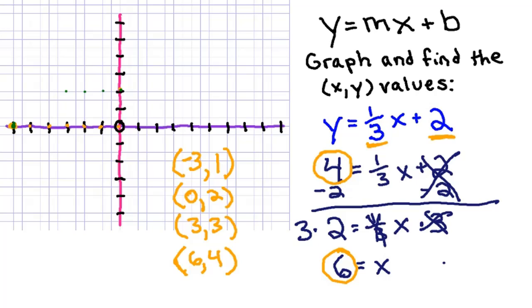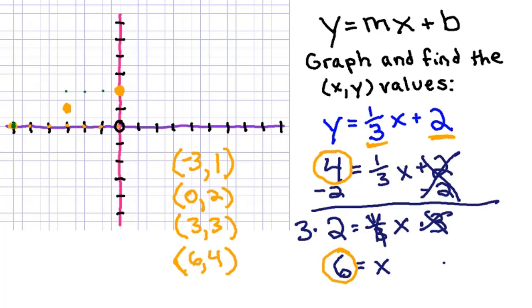So let's graph these coordinates really quick and see what we got. So first we have -3 as our x value and +1 as our y value. And then we have 0 as our x value and +2 as our y value.